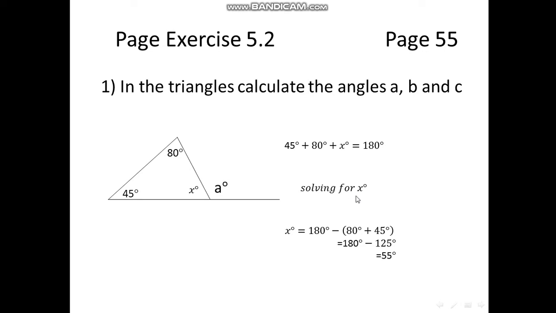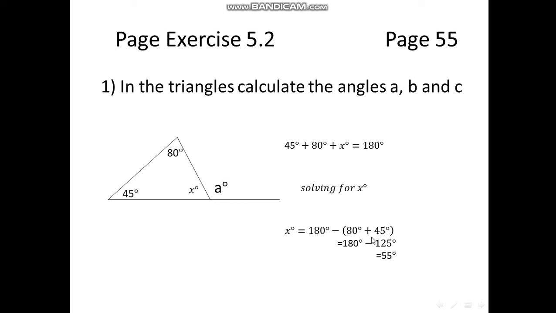So I solve the equation for x. What is the meaning of solving for x? That means I leave only the variable which I want to find in one side of the equation, before the equal sign, and I put everything else on the other side of the equal sign.